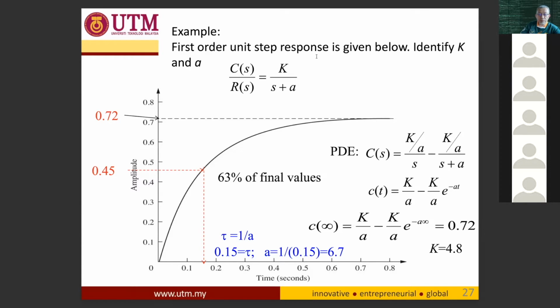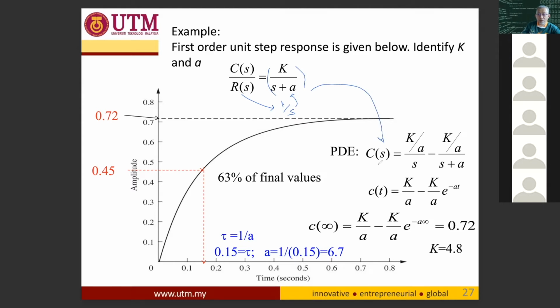So what should we do? First, we write it using partial fractions. C of S equals K divided by S(S plus A), where R of S is equal to 1 over S. You multiply with this, then do partial fraction expansion, so you will get this.